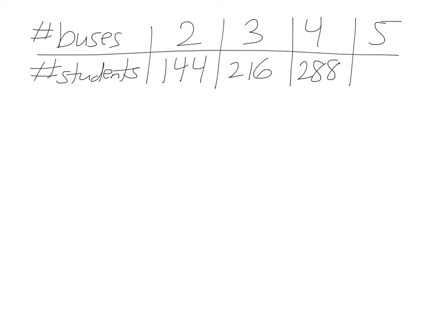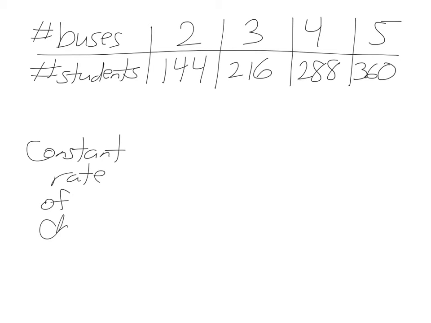And 5 buses will hold 360 students. Will you tell me what is the constant rate of change? Pause the recording and see if you can find the constant rate of change.